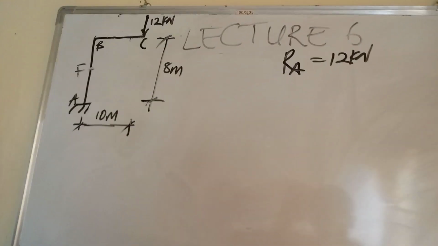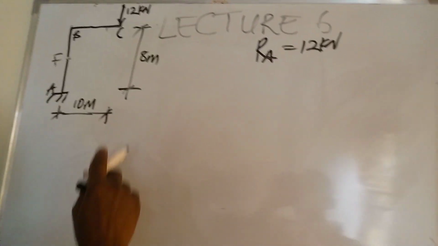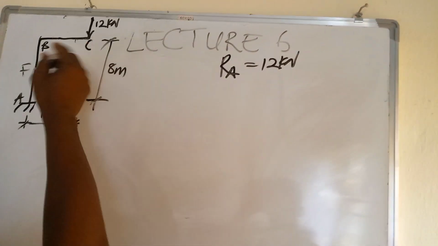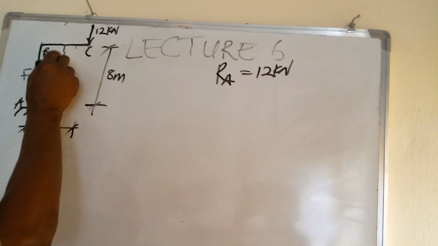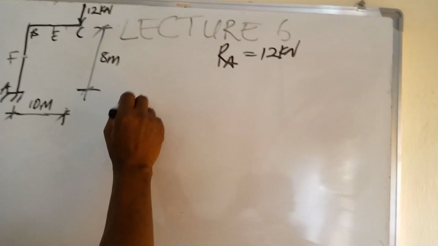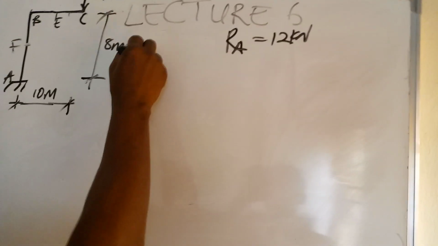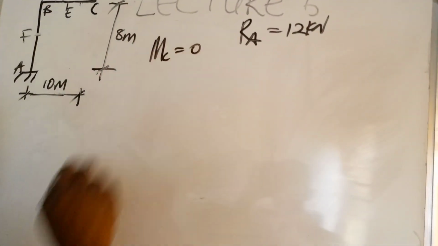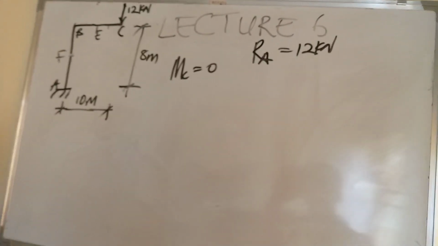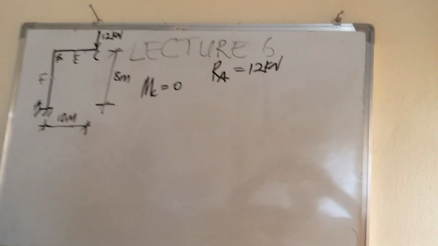Now let's calculate the bending moment. Moment anywhere, put here, let's say E. Moment at C is 0. Anybody who has been following this lecture must have known by now why M at C is equal to 0.